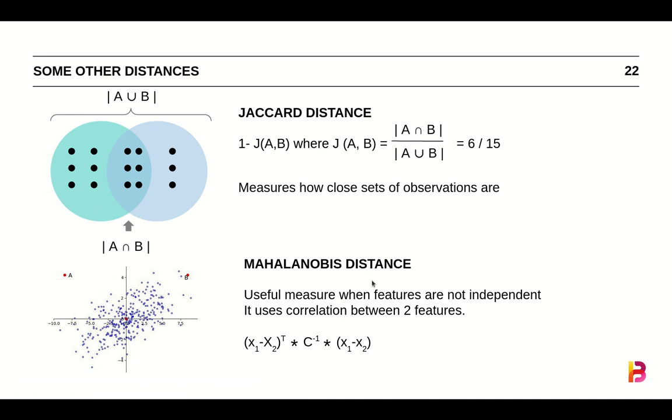I would not go into details of how Mahalanobis distance is calculated because it's a little mathematically involved. But to get an intuition, it starts by putting a matrix of something. If we are trying to calculate distance between this point and B, it would measure the correlation between these axes.